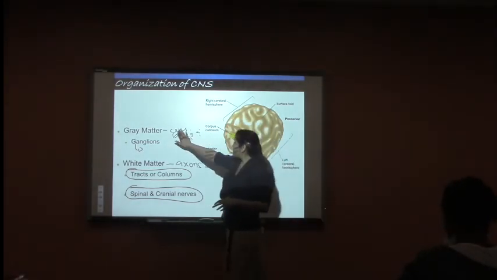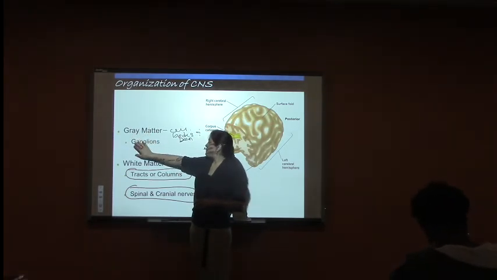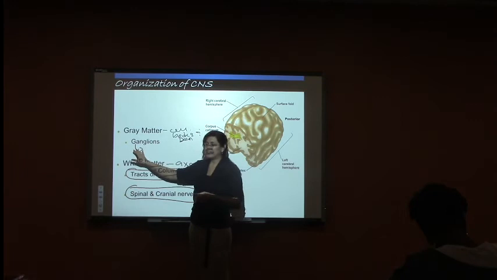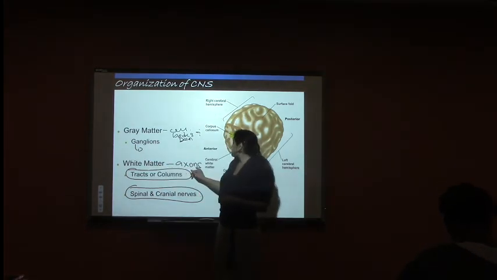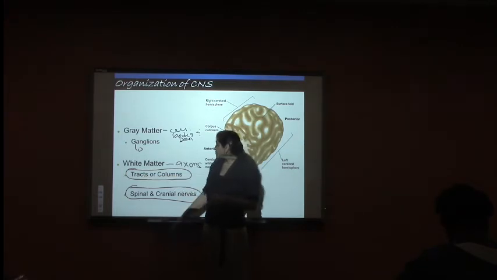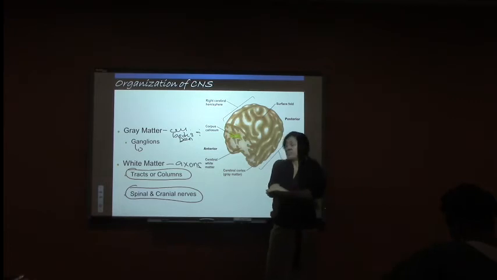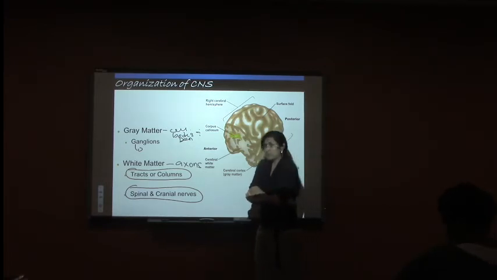So gray matter in the brain, you just call it gray matter, but gray matter in the peripheral nervous system, you call it ganglions. White matter is made up of axons. In the central nervous system, you tend to say tracts and columns. In the peripheral nervous system, you tend to call it spinal or cranial nerves. Make sense?